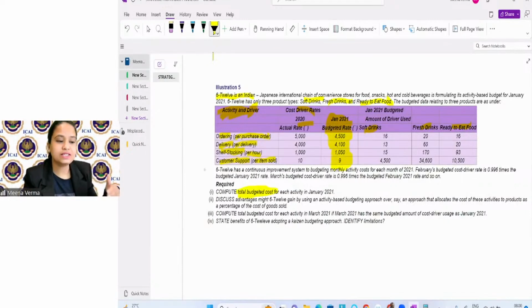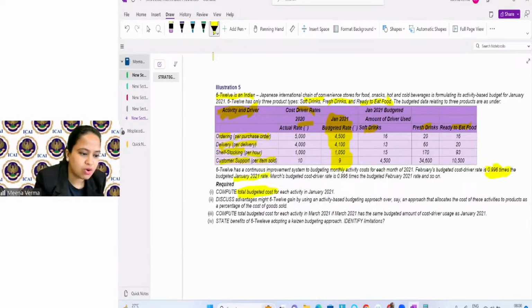612 has a continuous improvement system for budgeting monthly activity cost for each month. February's budgeted cost driver rate is 0.996 times the budgeted rate of January 2021. Then March's budgeted cost driver rate is given as compared to February.